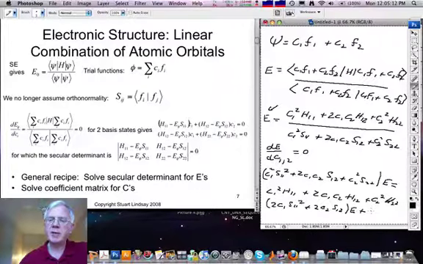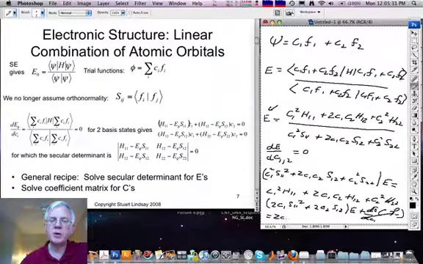Now we have a term in dE/dC1, times this whole parenthesis again, but this is equal to 0. And then this whole thing is in turn equal to the derivative of the right-hand side with respect to C1.